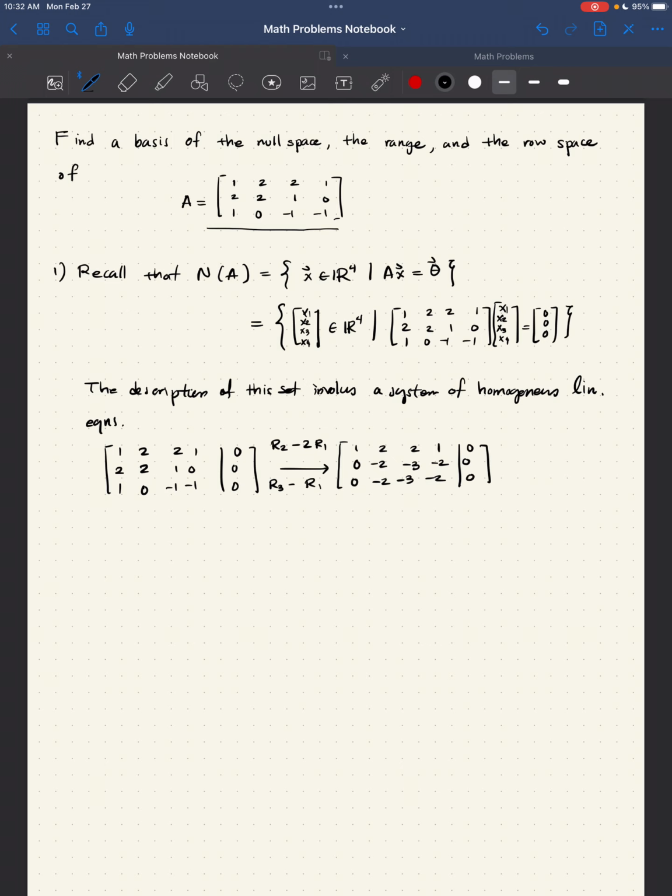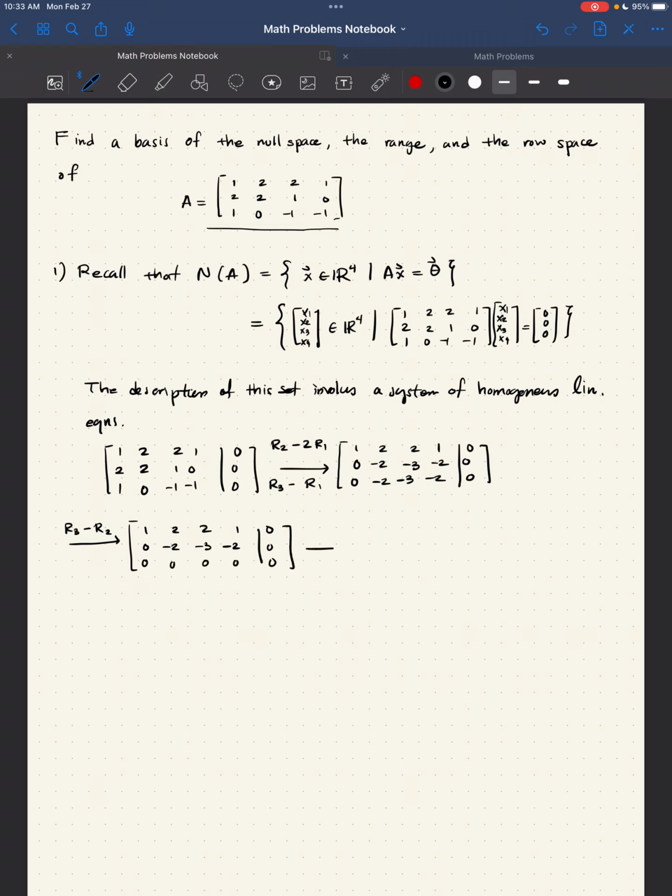Of course, from this point, we see that there's an obvious reduction that we should perform, and that would be the following. To row 3, we subtract row 2, thus obtaining the following matrix: 1, 2, 2, 1, 0, 0, negative 2, negative 3, negative 2, 0, 0, 0, 0, 0, 0.